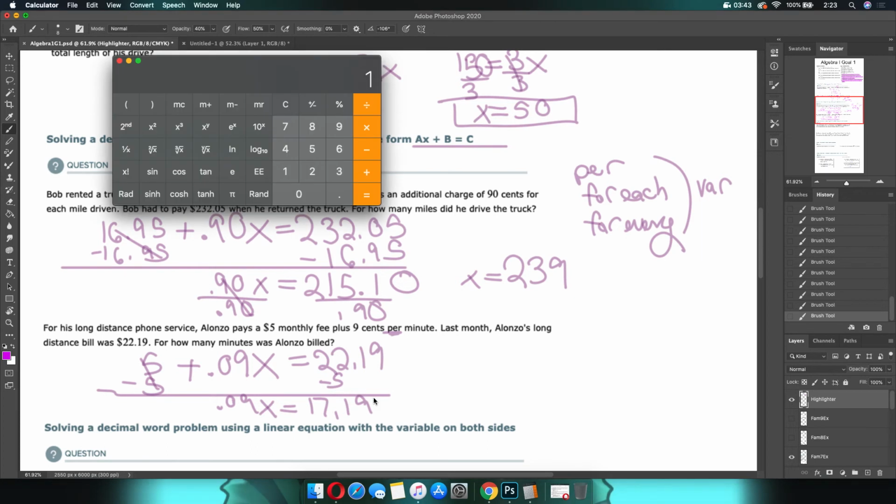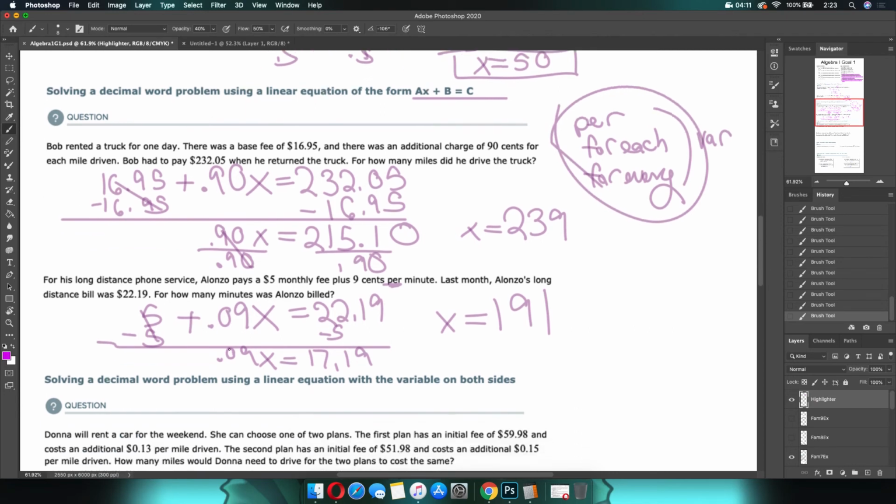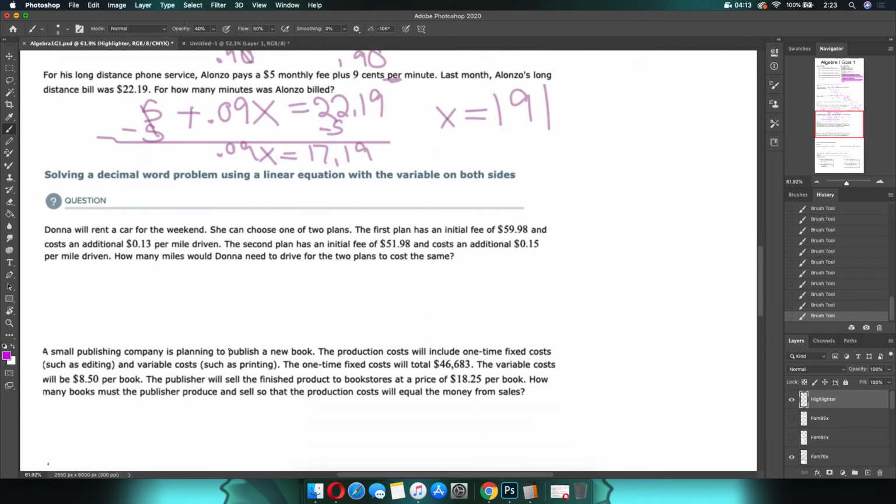All right, so what is 17.19 divided by 0.09? 191. So x equals 191 minutes. And suddenly you start to realize that this actually isn't that bad. Once you can find these keywords, you know where your variable is, and the numbers themselves tend to fall into place.